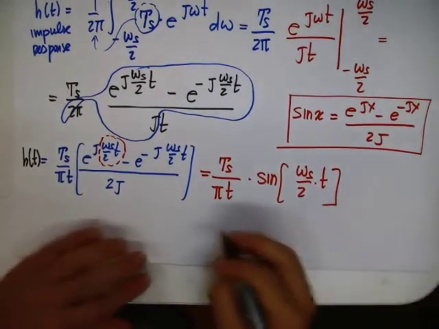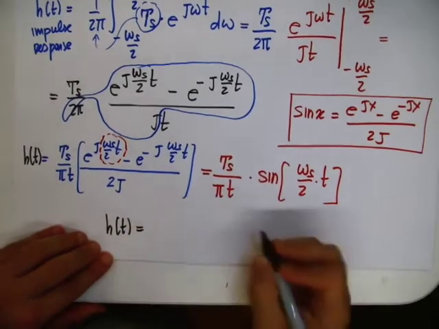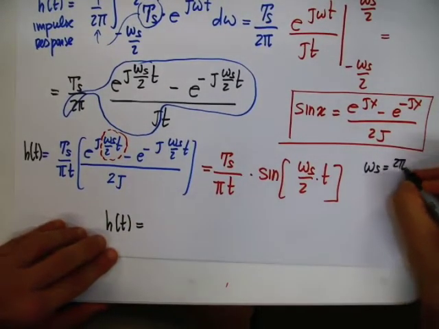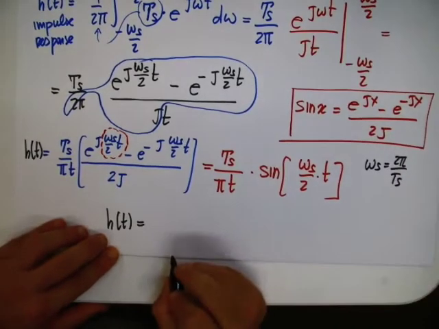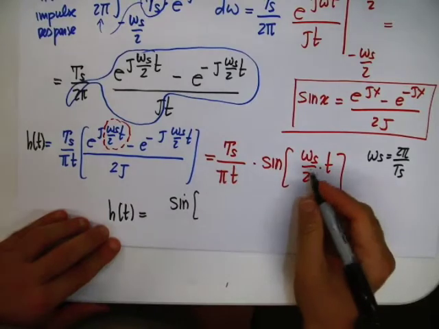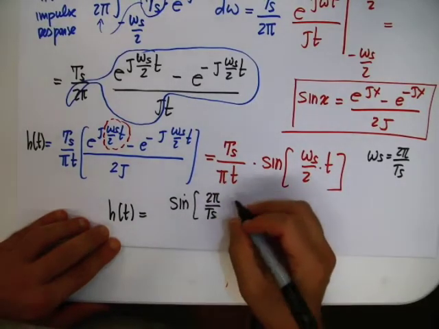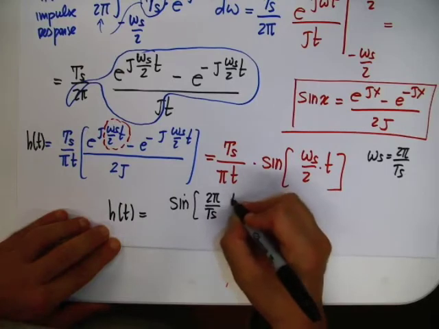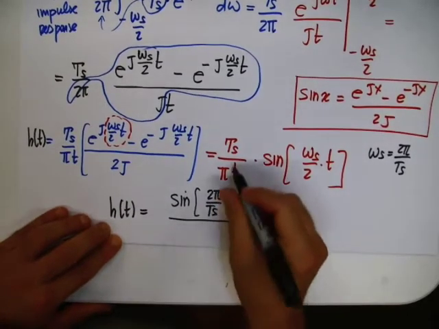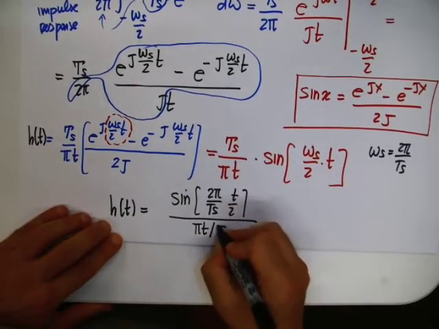We can rewrite this quantity as h of t equal to, let me remind you that the sampling frequency is omega s equals 2 pi over Ts. So we have sine of 2 pi over Ts times t divided by 2, and I can write the prefactor as pi t divided by Ts.